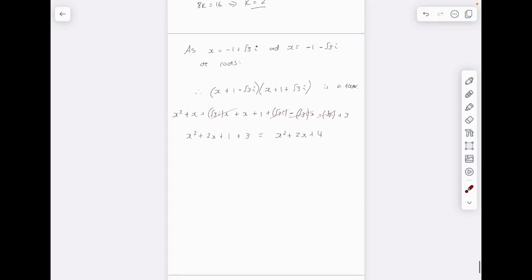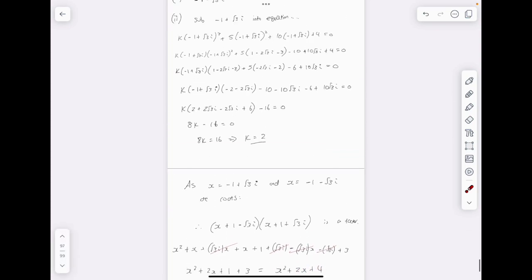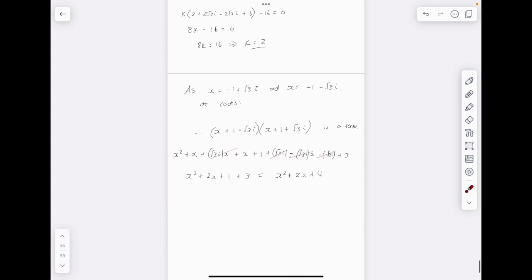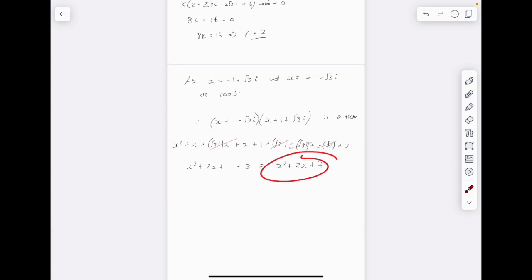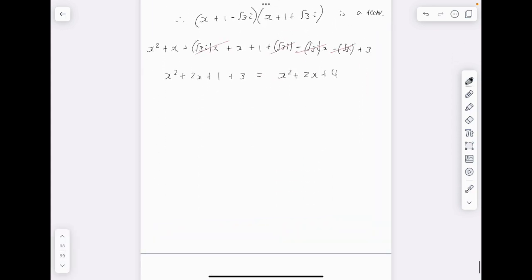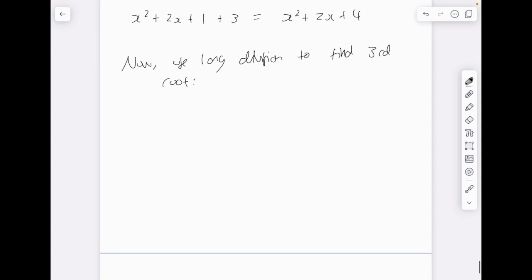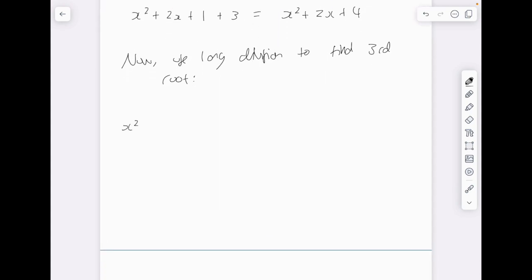Perfect. Now, if we've got a quadratic factor, we can then say the following. If this here is our original equation, and we've got a quadratic factor here, we're going to use long division to find the third root. Okay, so you can see how everything builds up throughout the course, right?